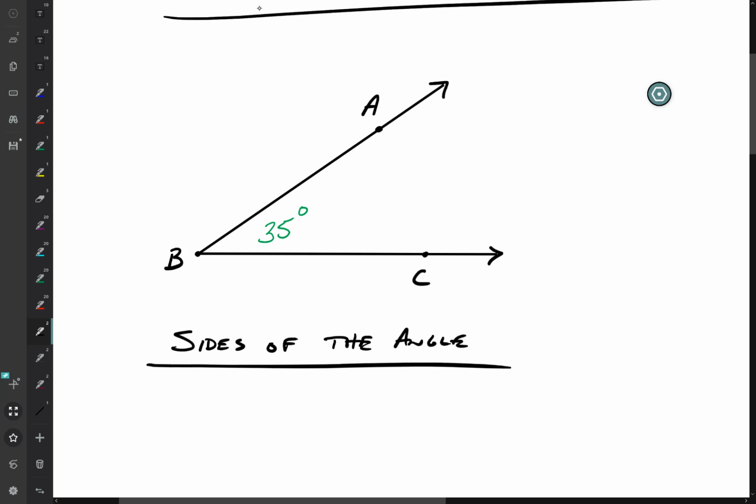The sides of the angle are ray BA and ray, or side, BC.